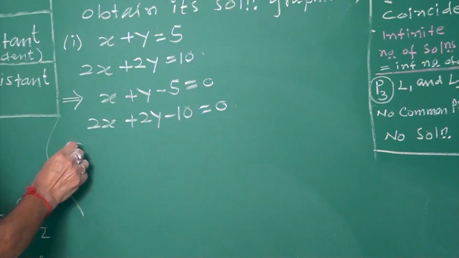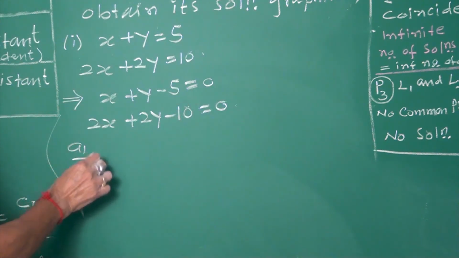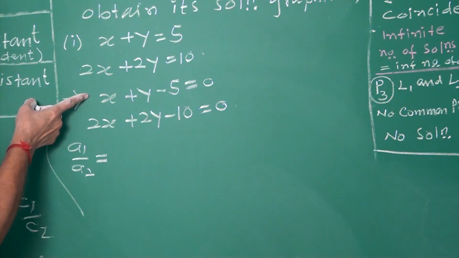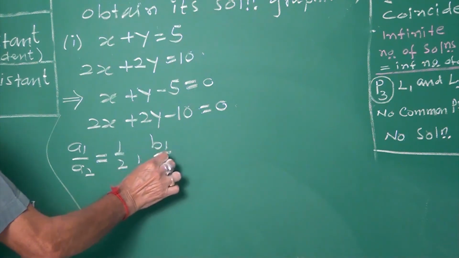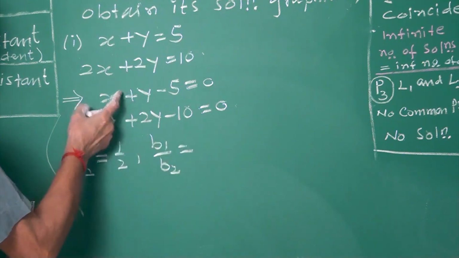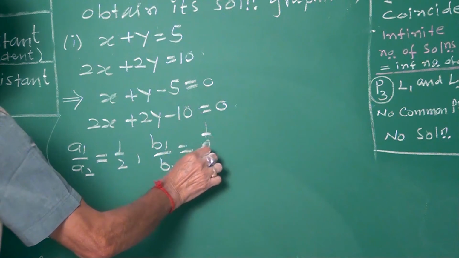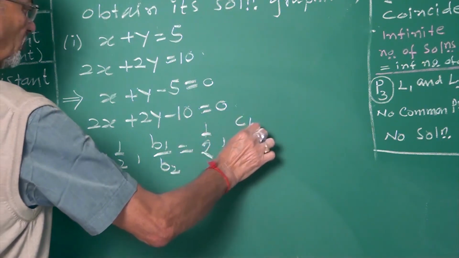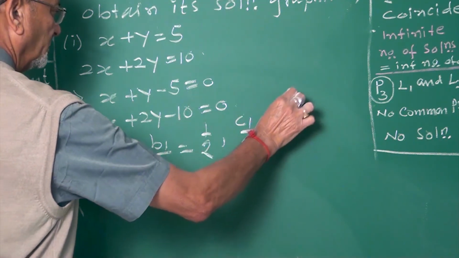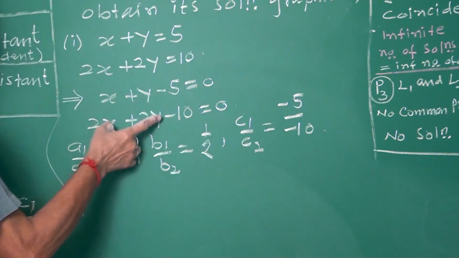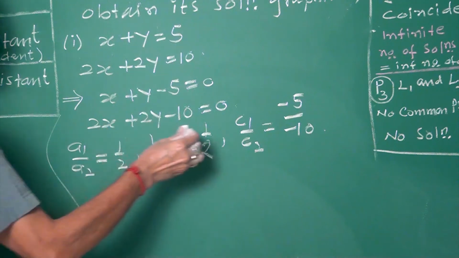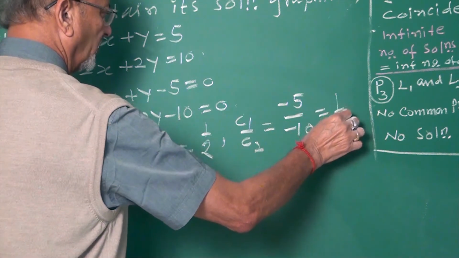Find a1 upon a2. Here it is 1, here it is 2, 1 by 2. b1 upon b2, it is also 1 by 2. Then what about c1 upon c2? It is minus 5 upon minus 10. See here, c1 upon c2, constant terms. Simplifying, it is also 1 by 2.